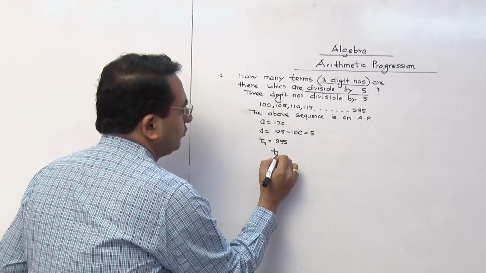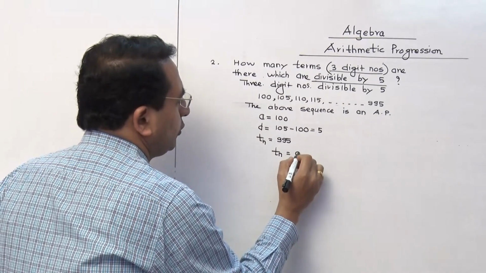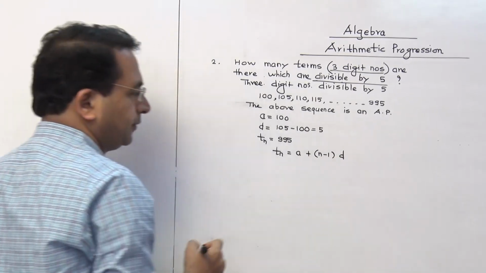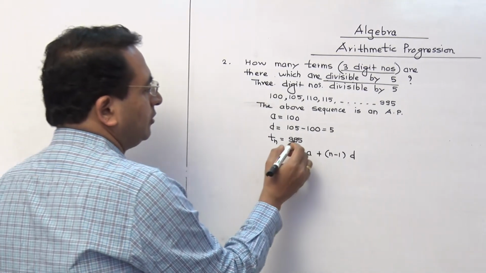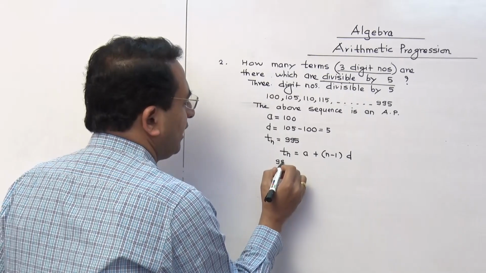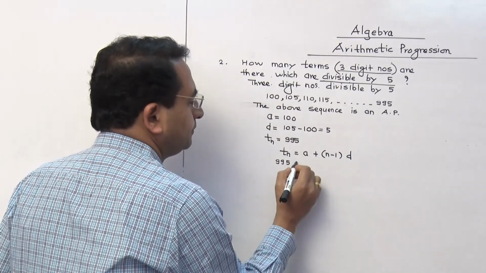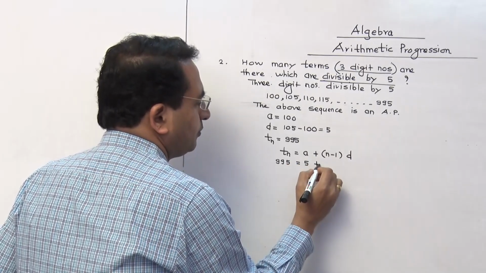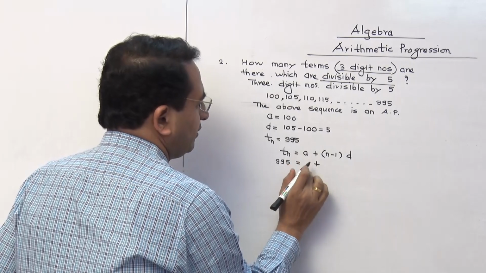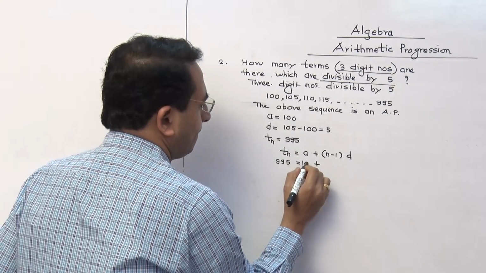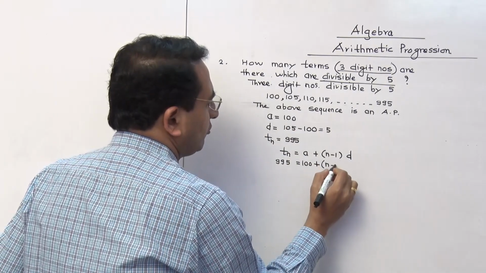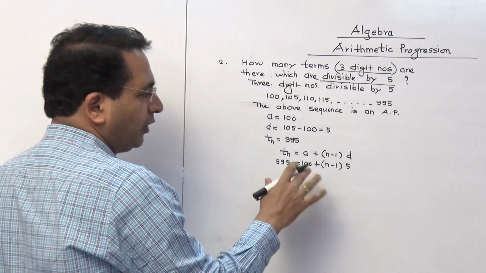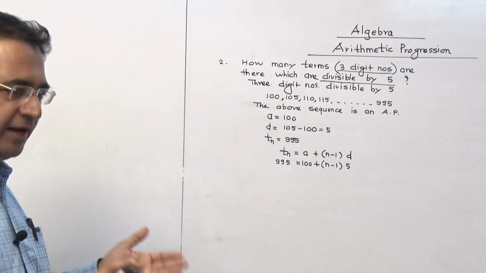So now we use the formula Tn is equal to A plus n minus 1 into D. The nth term is 995. A is the first term, that is 100. Then n minus 1 into D, where D is 5.